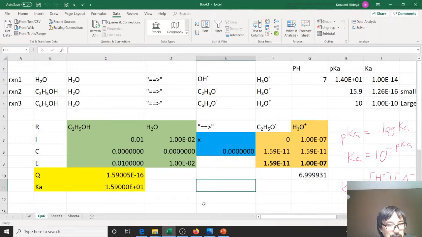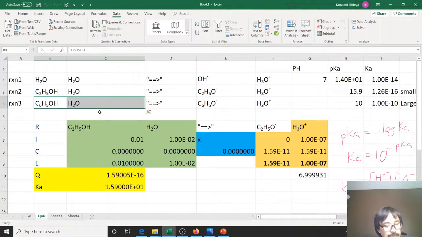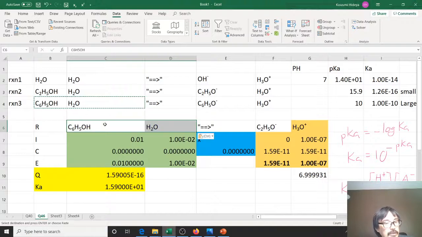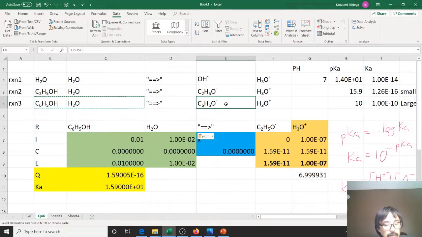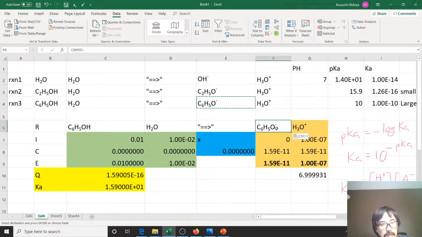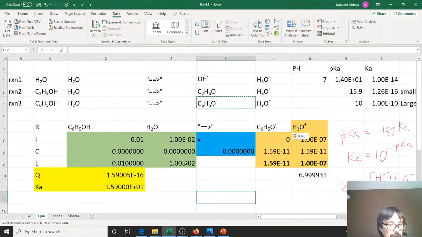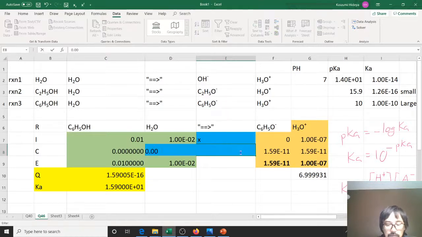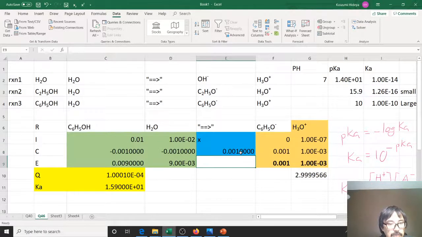Alright, so once we are done with that one, let's try to do this one right here. So I'm going to put this one in here. And then I'm going to put this one here. Okay, so I have 0.1, 0.001 here, and this one right here I'm going to set back to 0.001. I don't have to do anything here. I don't have to do anything there.